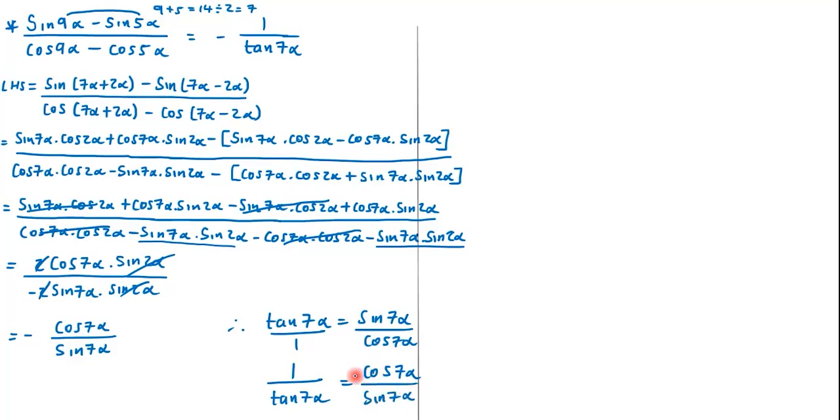So basically this is what we have there, so which means our final answer is just going to be that part, the 1 over tan 7 alpha, and that is going to be our right hand side. And that is all for this video.